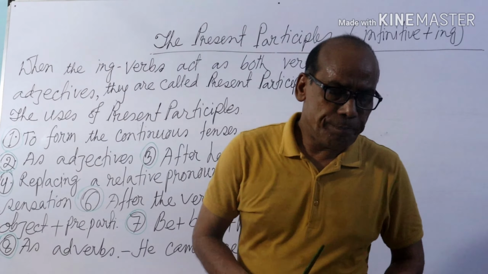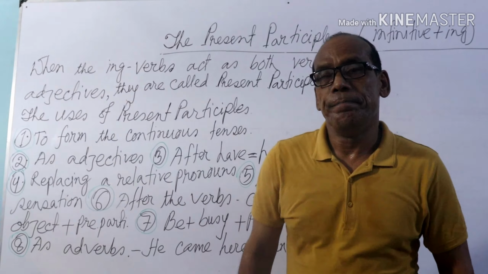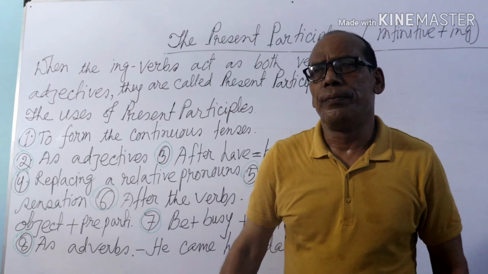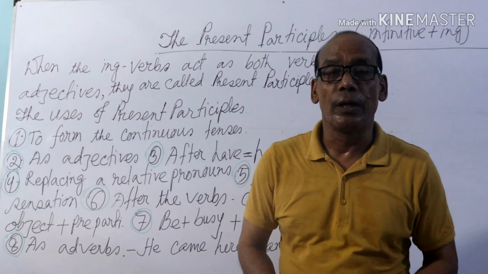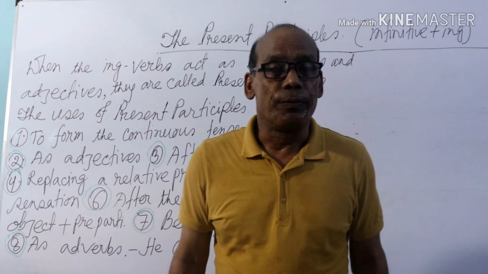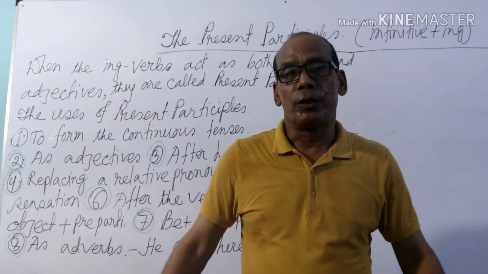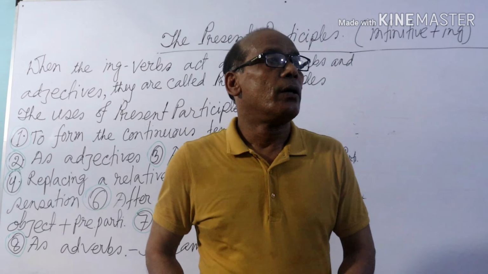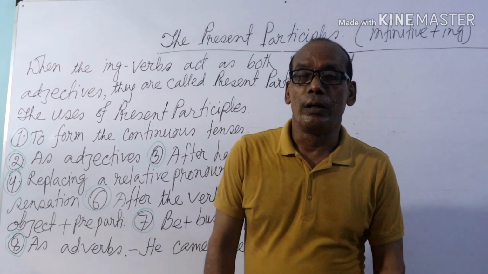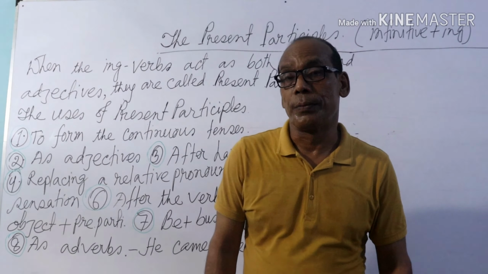Dear learners, actually, participles are also, some say 2 types, some say 3 types. Participle, present participle, past participle, and also there is another participle, perfect participle. Perfect participle is formed of having plus past participle.